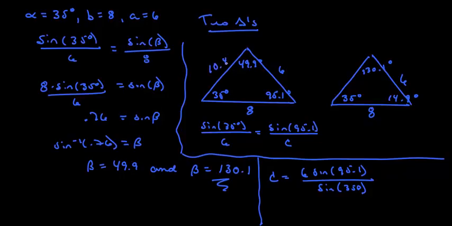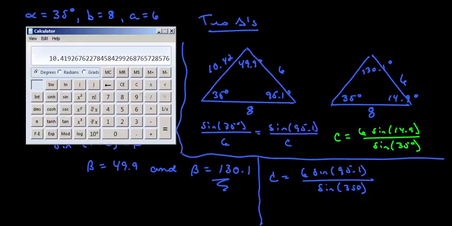So 10.42. And now we'll do the same thing for this one. I have c is equal to 6 times the sine of 14.9 over the sine of 35. So the only thing that's changing here is the angle. So let's go back.